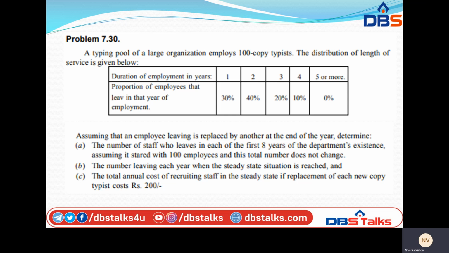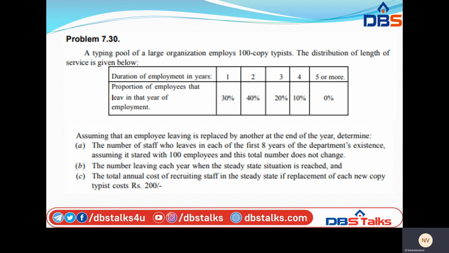And the first 8 years is the department's service. The number of employees is constant, that is 100. And the number leaving each year when the steady state is reached.